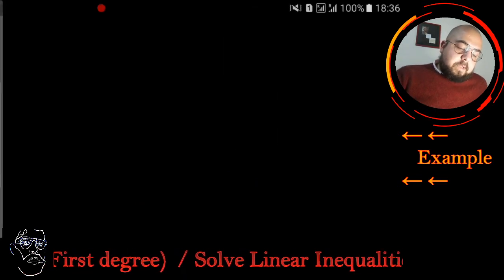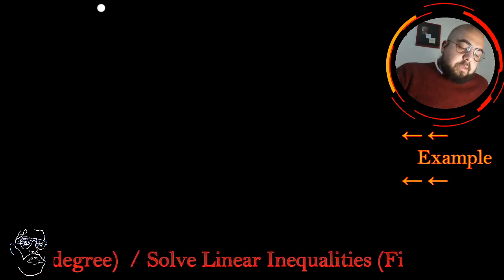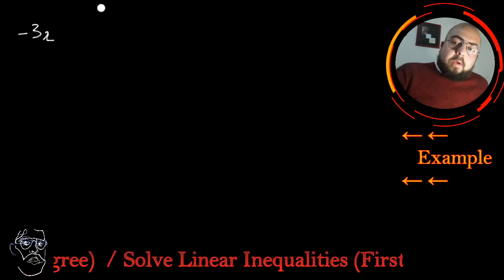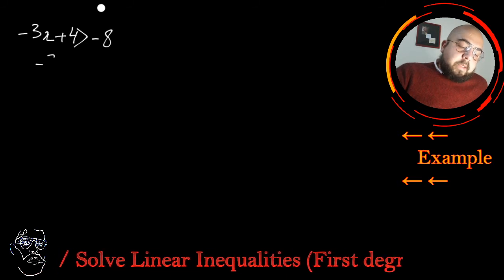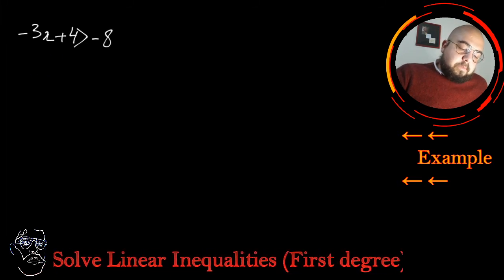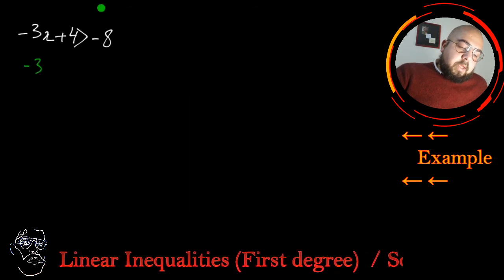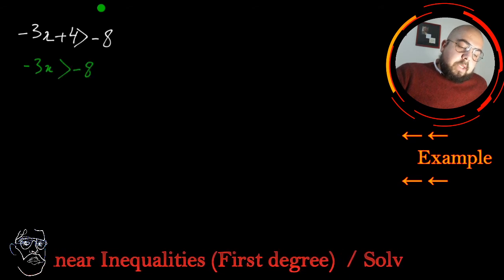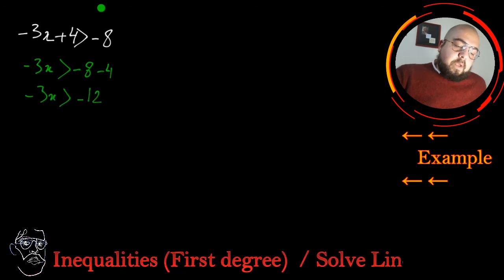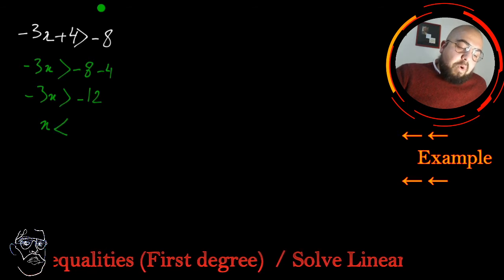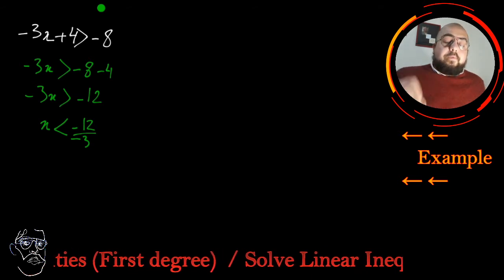Let's take the second example. What about minus 3x plus 4 greater than minus 8? So minus 3x greater than minus 8 minus 4, minus 3x greater than minus 12, x smaller than minus 12 over minus 3, since I'm dividing by a negative value.